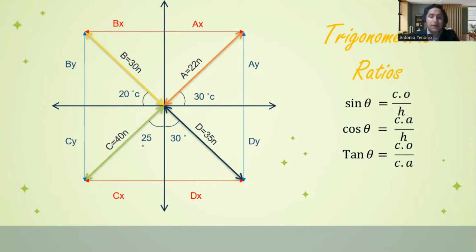These are the formulas for the next problem. To calculate the resultant, we are going to use the trigonometric ratios: sine, cosine, and tangent.